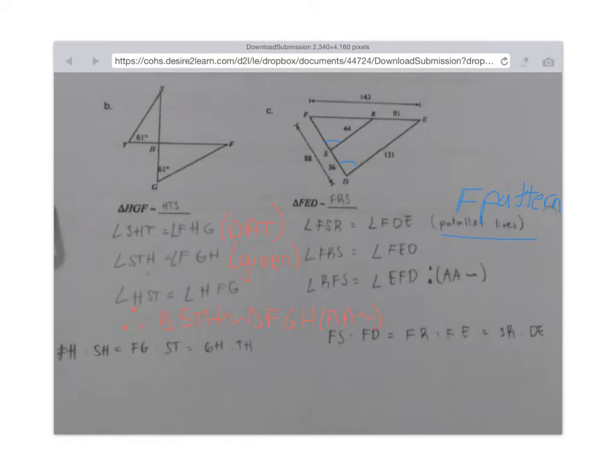And then on the other side, FRS equal to FED, and those are also because of parallel lines, F pattern. Therefore, triangle equals triangle by angle similarity, not angle RFS, but triangle, okay? And so those are the similarity statements that you're being asked for on this part of the test, and that's why you have some corrections to make on that section.